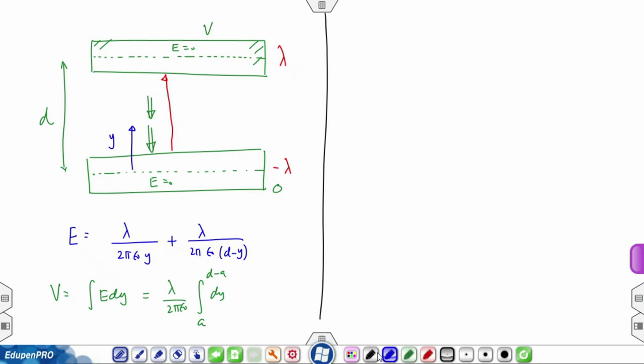You see the distance is a here, and from here to here is d minus a. And the other term is going to give me plus lambda over 2 pi epsilon 0 integration from a to d minus a of dy over d minus y, and the first one has y.